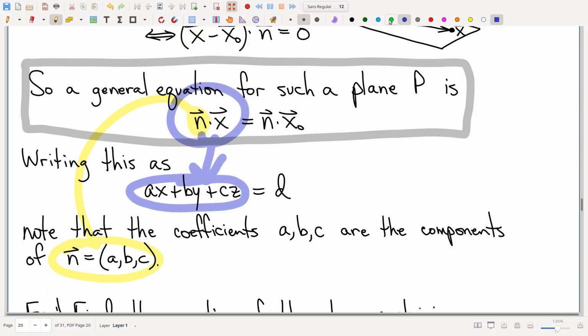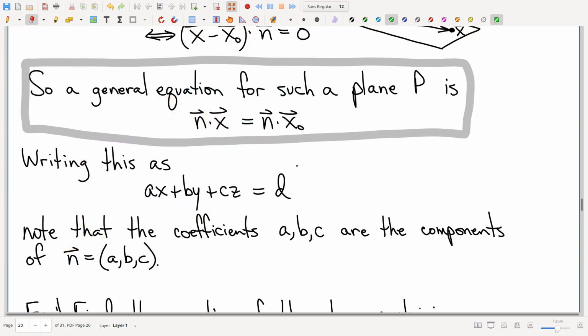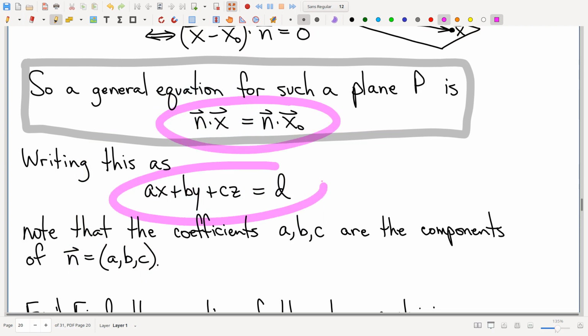Don't forget that n and x naught are both given, so that dot product is some number. And lo and behold, then, our equation for a plane can be rewritten like that.